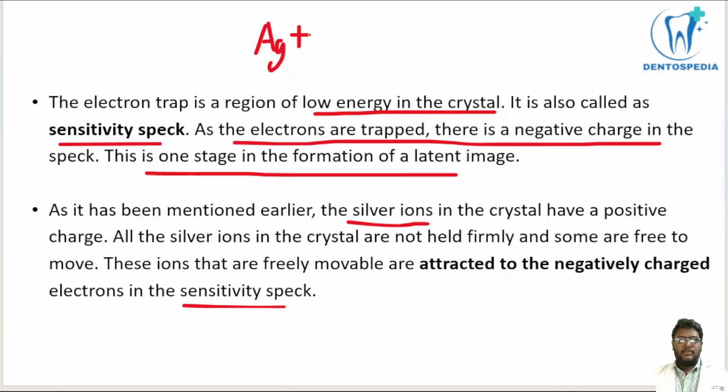When an atom is converted to an ion, it either loses an electron or gains an electron. Ions are highly unstable in nature and try to become stable by either losing or gaining an electron. So Ag plus, or Ag plus 1, means it has lost an electron during the conversion from atom to ion. It has to go back to the atom state to get stability, so it tries to gain an electron.